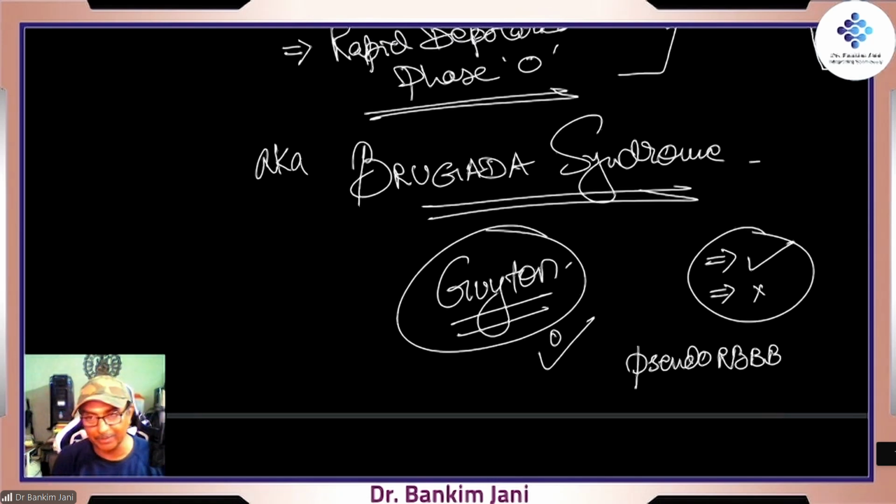Why it should occur, we'll see when we learn the various bundle branch blocks. But that's how things are connected with each other. So that's it for today. Now the questions which you are getting.